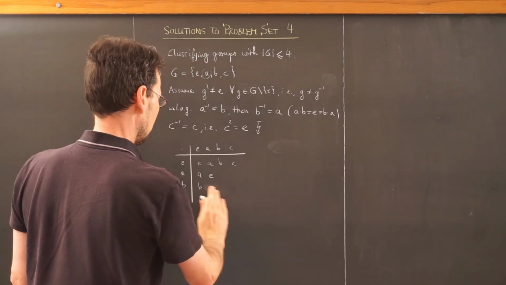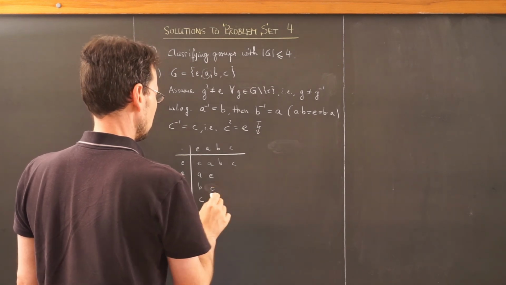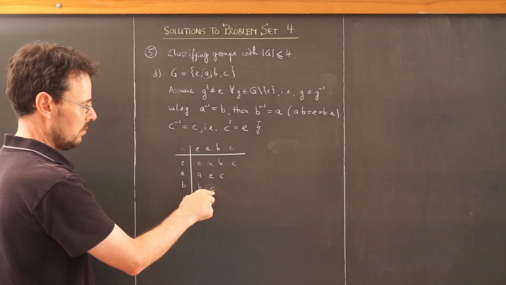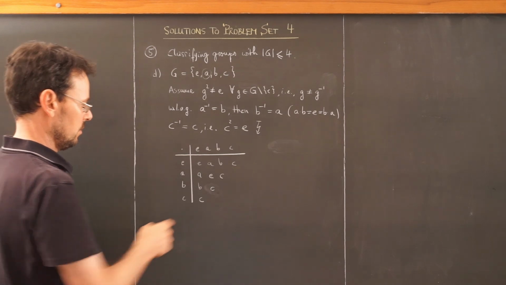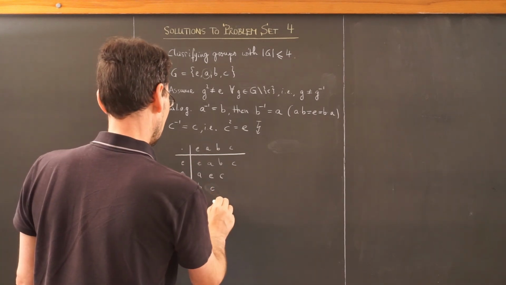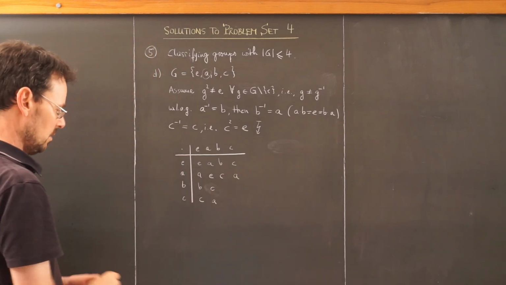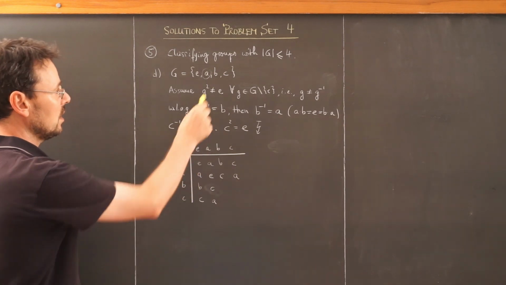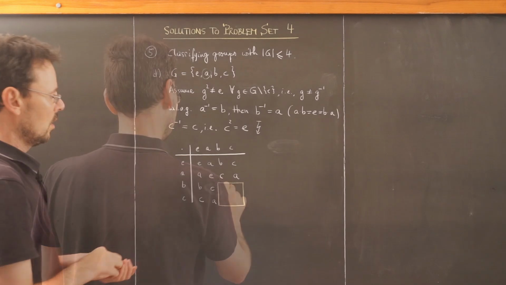So we must have C here, and besides, if it were B, we would have B twice, which is not allowed. And then here there's only one choice left, which is A. So far there is no choice if we take A to be the element which is its own inverse.